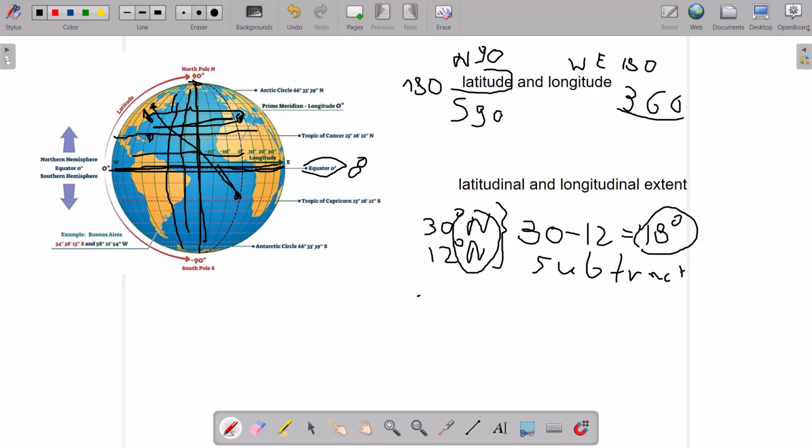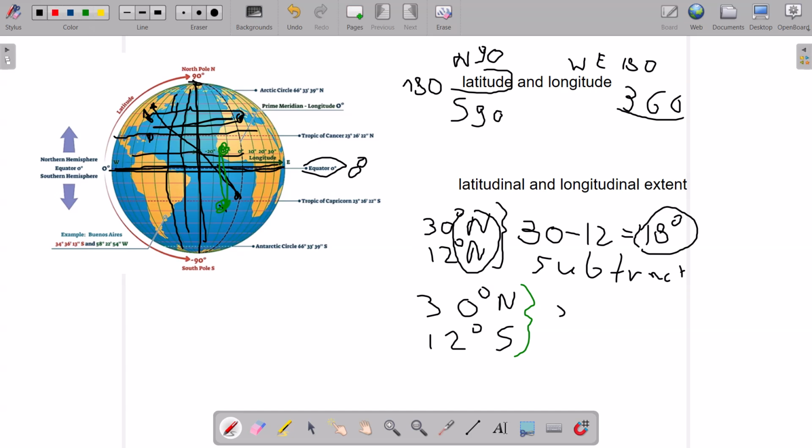But if we have 30 degrees north but 12 degrees south, so look, one point is maybe here. Okay, we can change color. One point is here, another point is there. So in this way we will not subtract, but we will add them together.